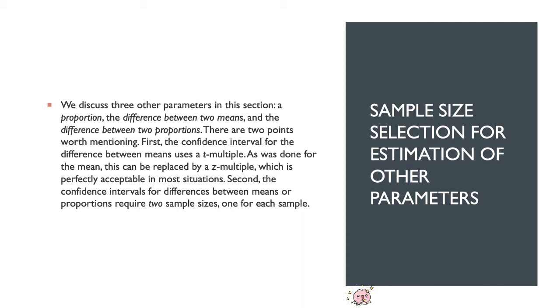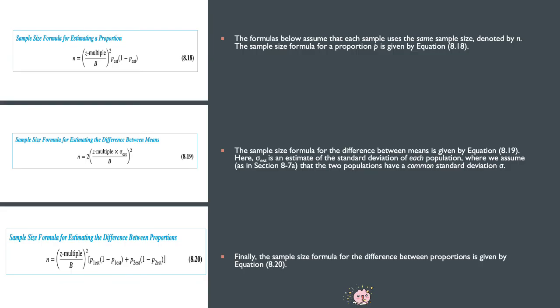As was done for the mean, this can be replaced by a z multiple, which is perfectly acceptable in most situations. Second, the confidence intervals for the difference between means or proportions require a sample size for each sample. The formulas below assume that each sample uses the same sample size, denoted by n.